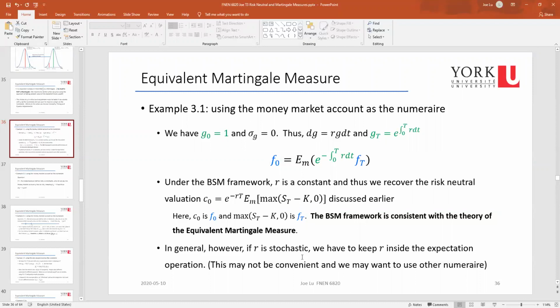So you can see that the risk-neutral valuation approach we talked about earlier in this lecture is consistent with this equivalent martingale measure approach.